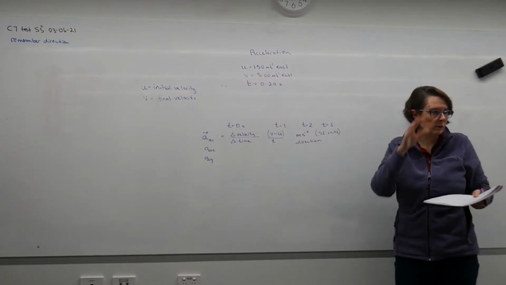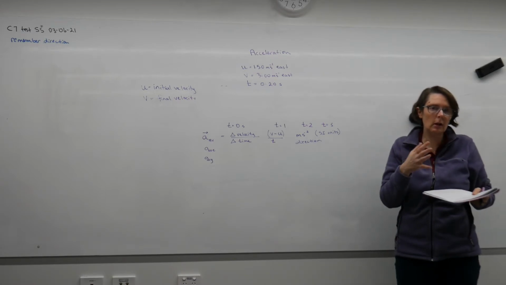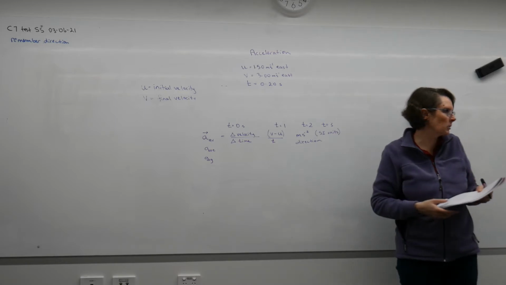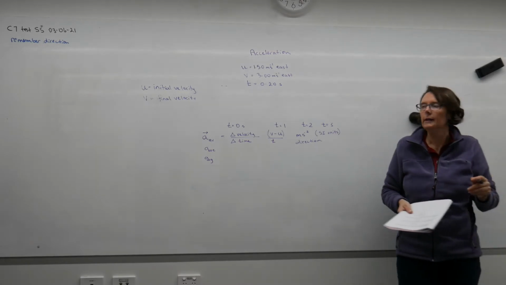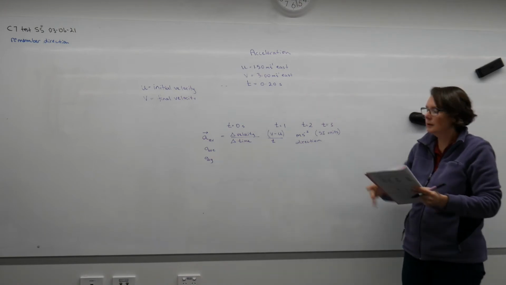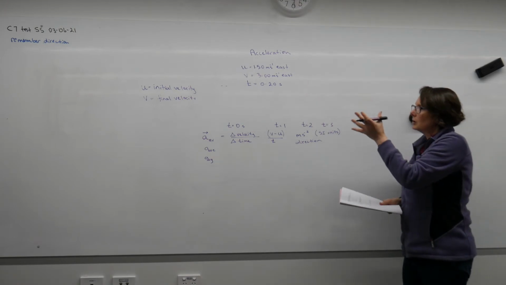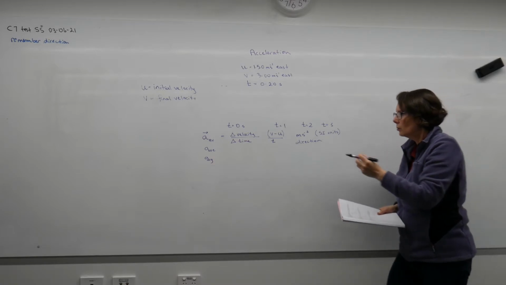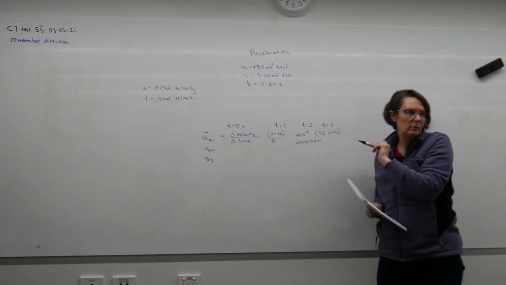One of the advantages of writing out what's given, you could get marks for this, even if you make some errors in the calculation. If you've obviously correctly interpreted the question, then this can demonstrate that. But it also makes it clear which formula to use, okay?